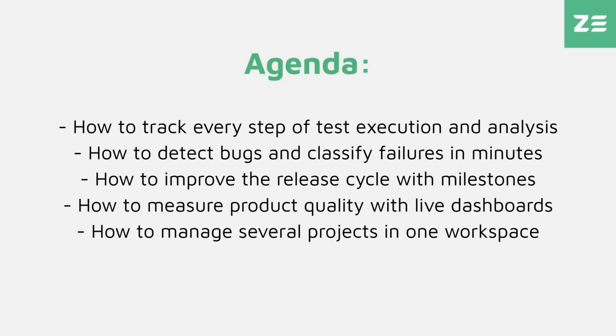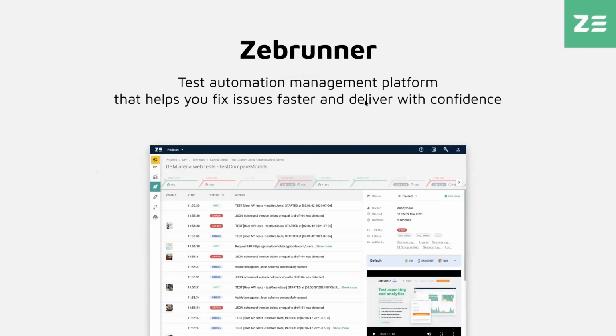So actually, Zebrunner is a test automation management platform that allows you to fix issues faster, deliver with confidence due to the smart features for test reporting, test analysis. So yeah, it's not only about test analysis, it's about project management, about planning the releases, about managing your product quality from every angle.